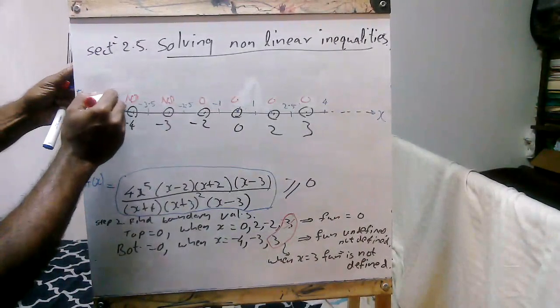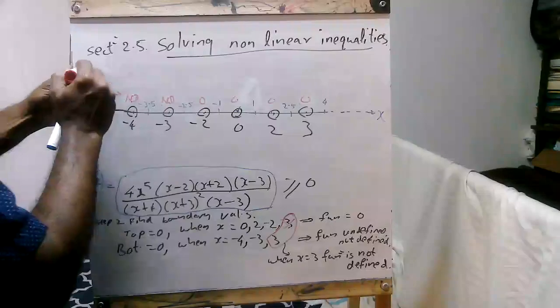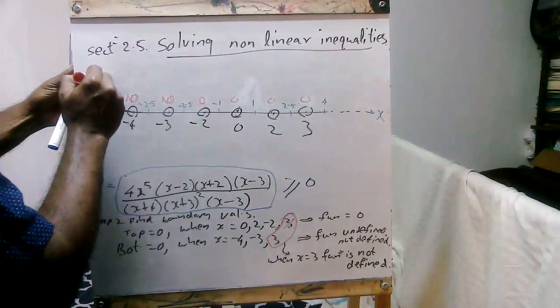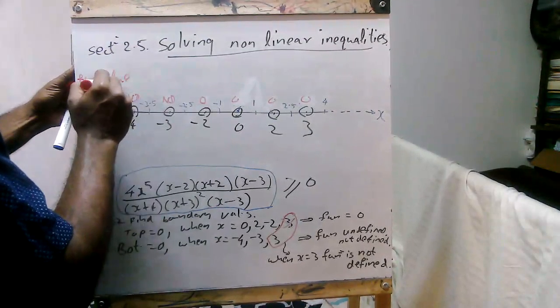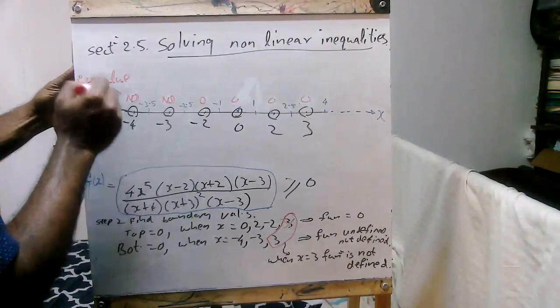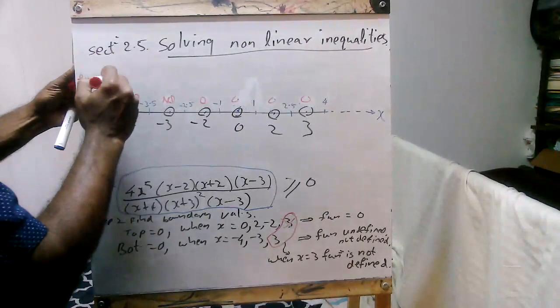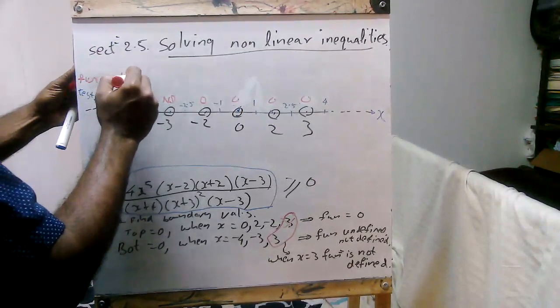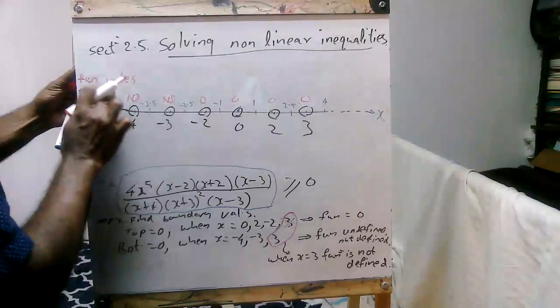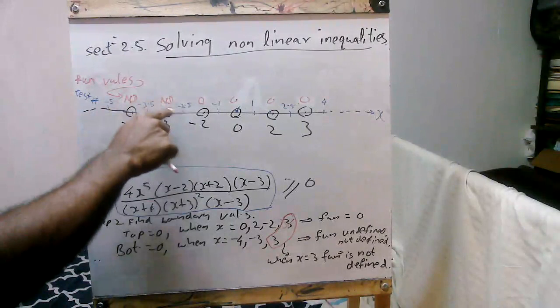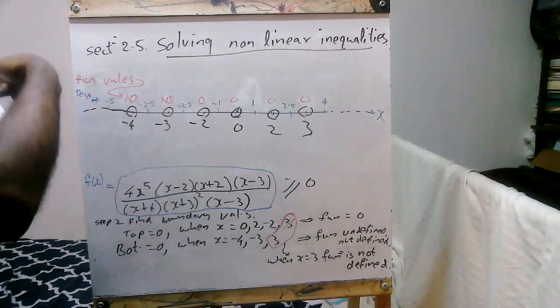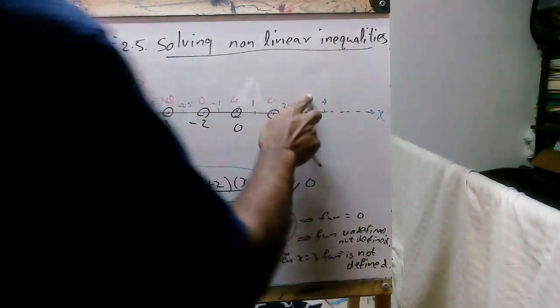These are the function values. Not defined, 0, 0, 0, right? There is another one here, it is undefined, not defined.